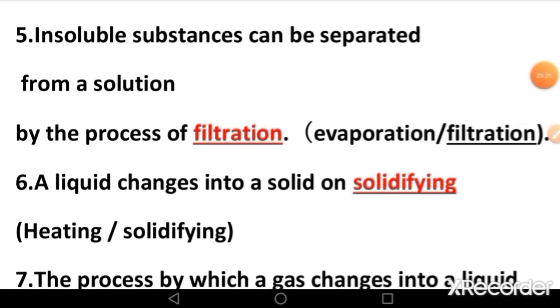Fifth fill in the blank. Insoluble substances can be separated from a solution by the process of dash. Separation of substances means to remove. So, through the process of filtration, we can separate insoluble substances.